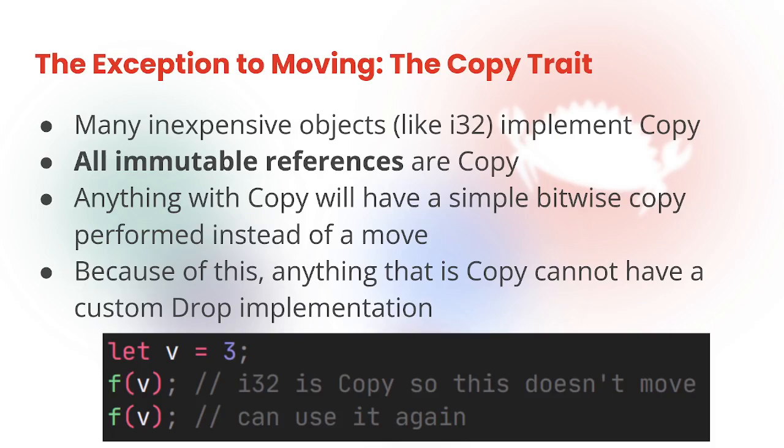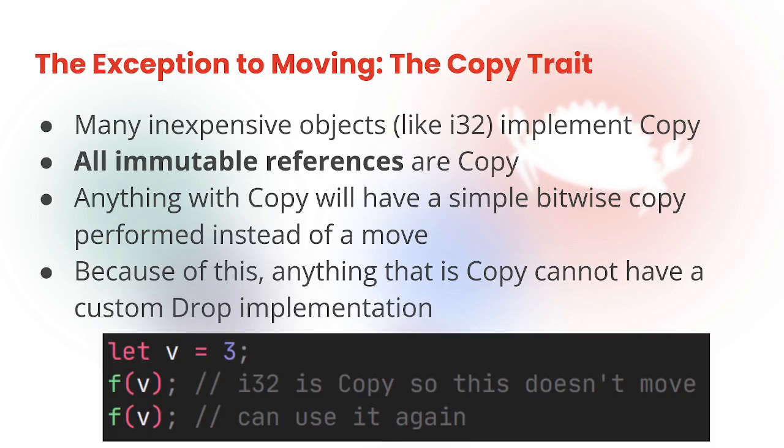For a long list of things that have copy, well, not comprehensive: numbers, and tuples of things that are copied are also copied. Like a tuple of i32 and u32, since both of them are copied, it will also be copied. Any array of something that is copied will also be copied.